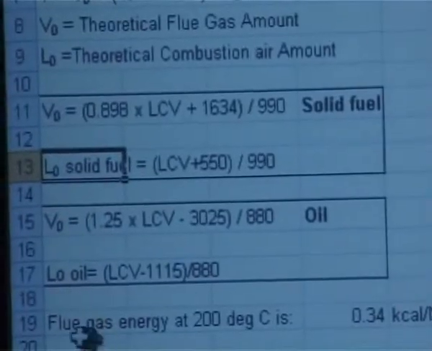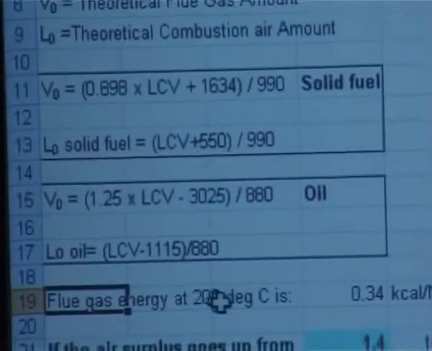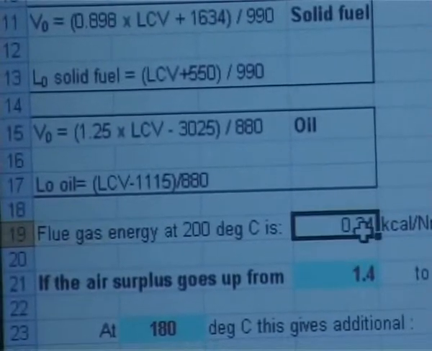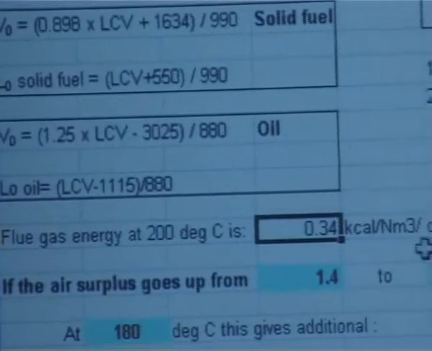This calculation you can use for solid fuel, L0 for solid fuel, this one for oil. Flue gas energy at 200 degrees Celsius. We've seen this before, the 34 kilocalories.